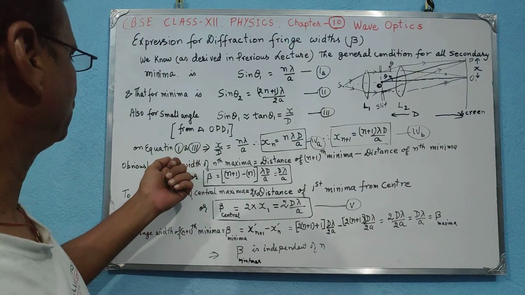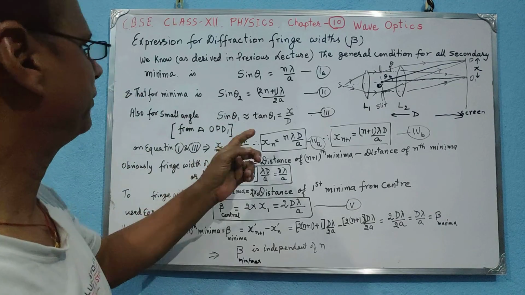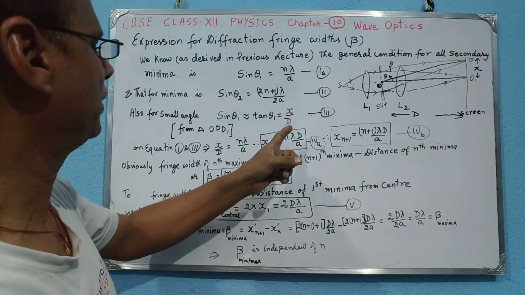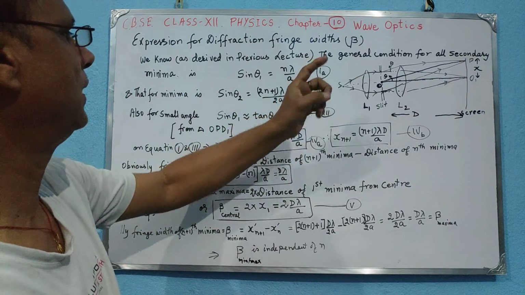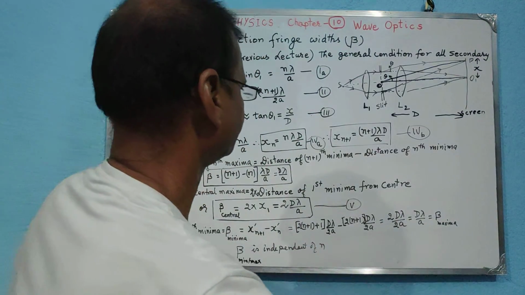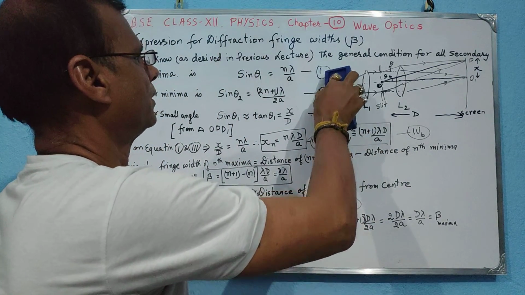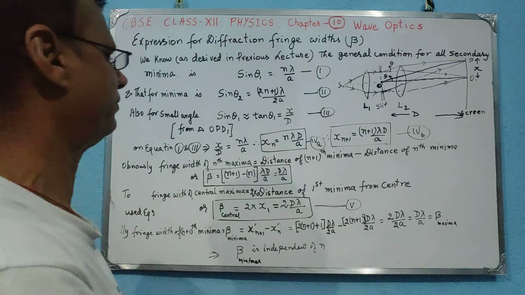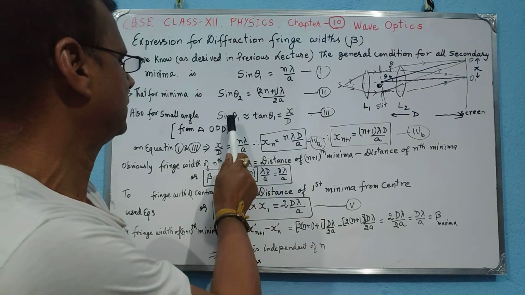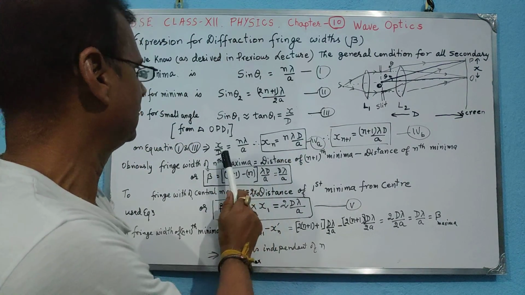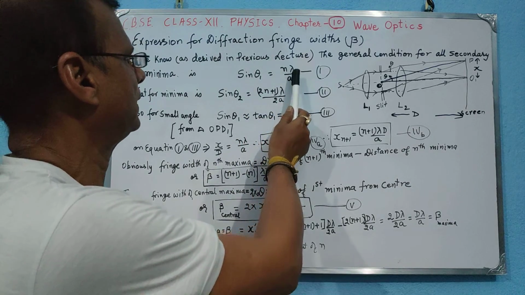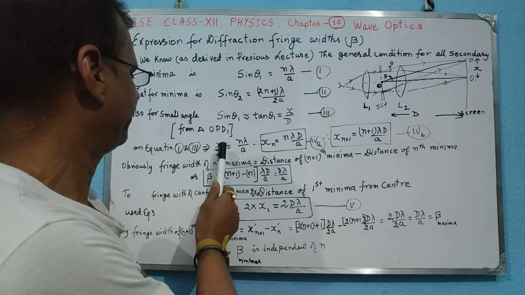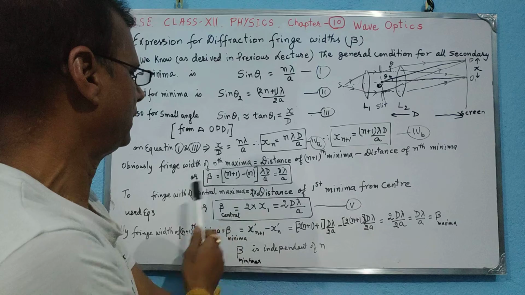Now if we equate equation 3 and equation 1, you see, sin theta is equal to x upon d and sin theta is equal to n lambda upon a. Therefore we have x by d is equal to n lambda by a.